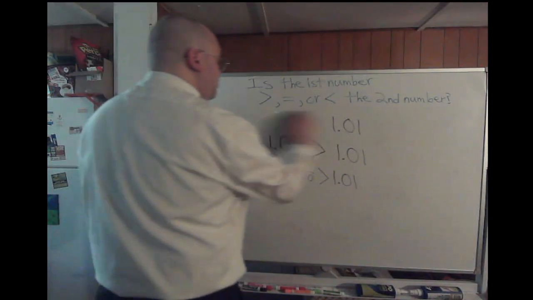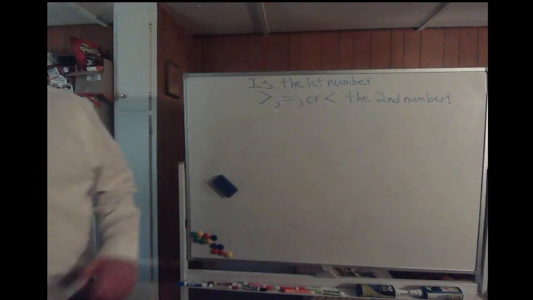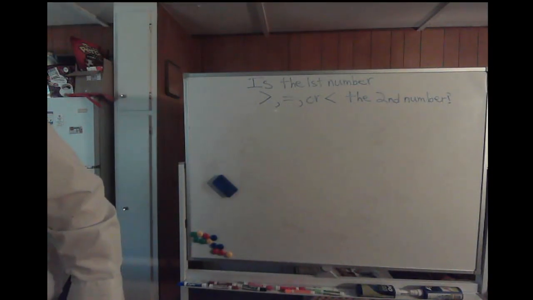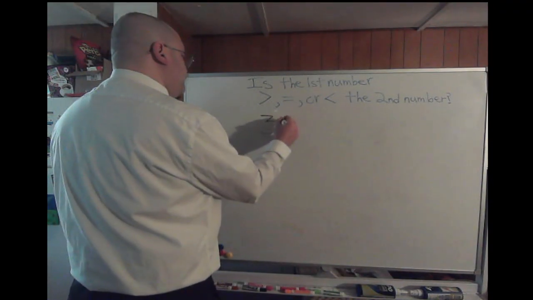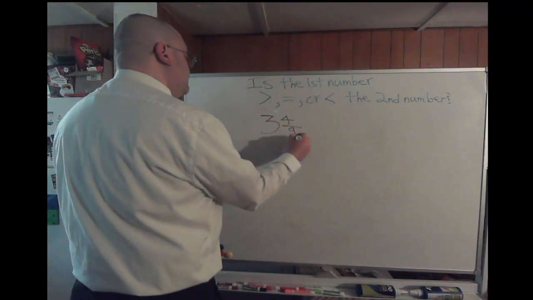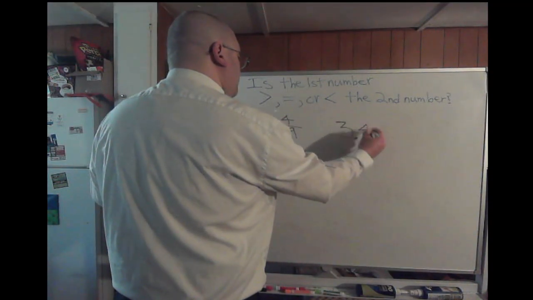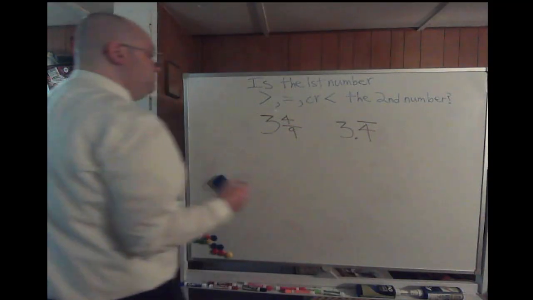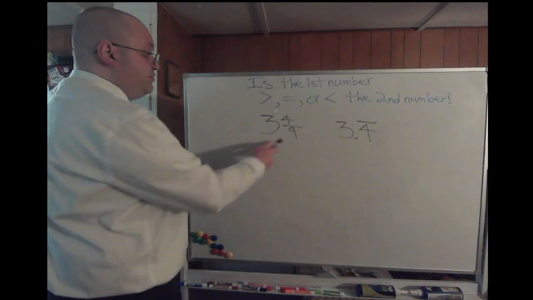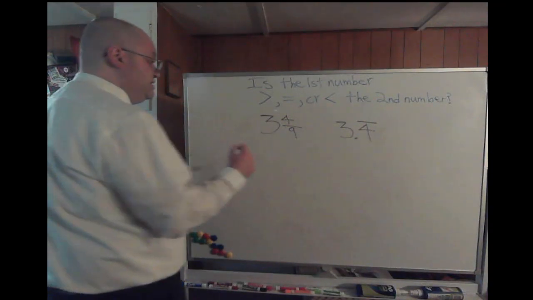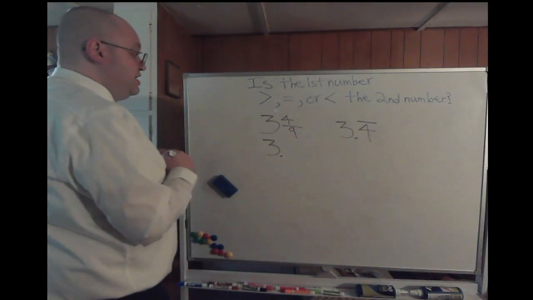All right, 2 more. We have 3 4/9, and then we have 3.4 with the bar over the 4. I would convert 3 and 4/9 into a decimal. So you'll have 3 point, what is 4/9?